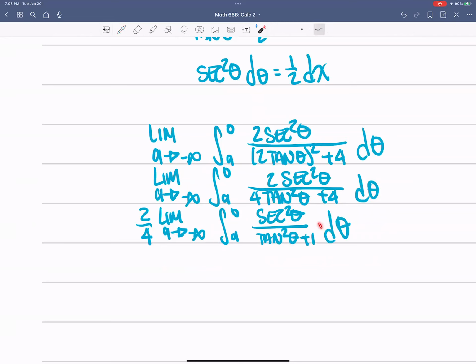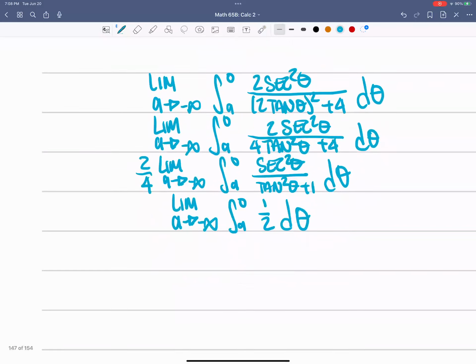It looks like the denominator ends up being secant squared theta. We have secant squared theta in the numerator, so we can divide those two, and that ends up being 1. Bringing that 1 over 2 back in, the limit as a approaches negative infinity from a to 0 of 1 over 2 d theta. That's just this reduced; I wanted to bring it back in so we had something to integrate.